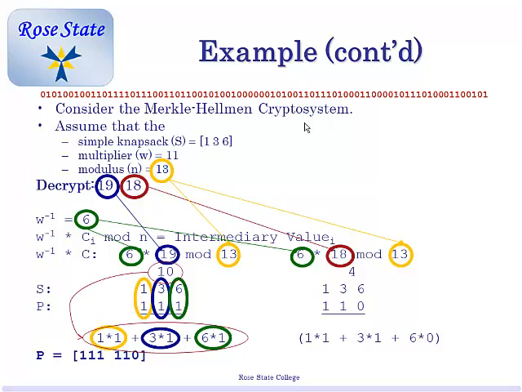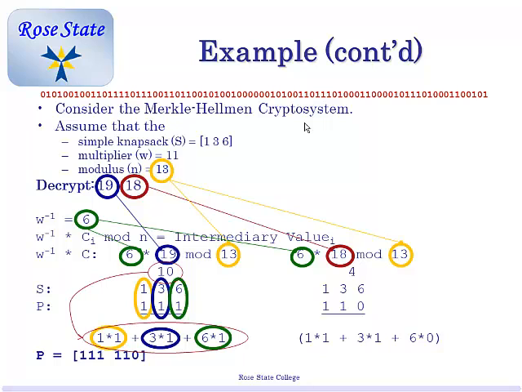So we got 10 and 4. That's our intermediate value. So what combination of 1, 3, and 6 equals 10? 1, 1, 1. Easy enough. Is there any other combination of 1, 3, and 6 that can equal 10? Well, no, it's all of them. Okay. So what combination of 1, 3, 6 equals 4? Well, 1 and 3. Is there any other way we could have done that math?